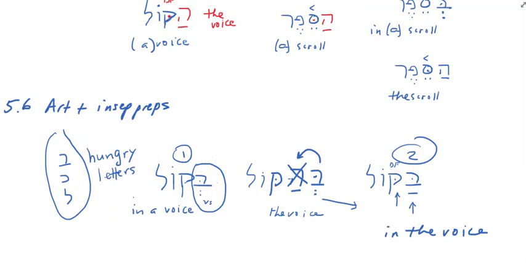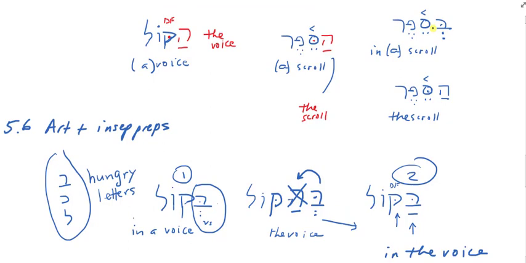Now, let's go back over here and try to apply this to the word scroll. So we had the word scroll over here before we attached the article. In fact, I didn't write down that now that we've attached the article here, this would be the scroll. Now, over here, I've attached the inseparable preposition bet to the word sefer, and I get b-sefer.